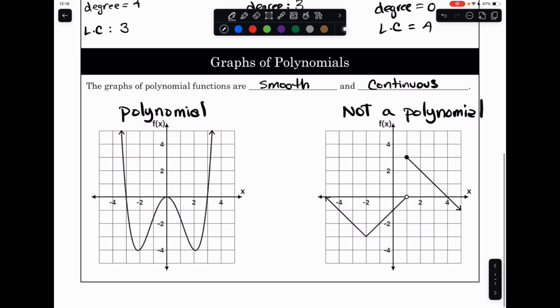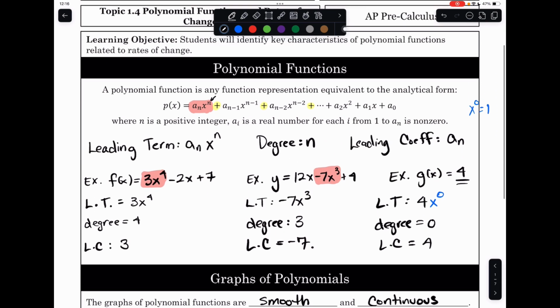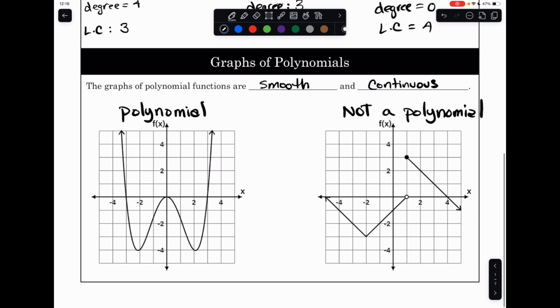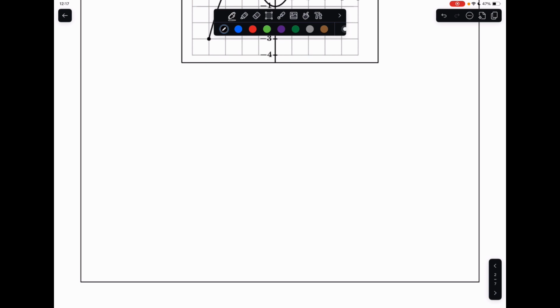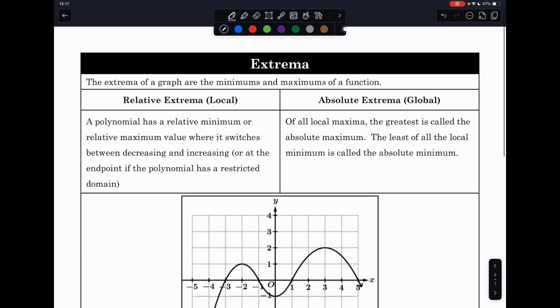Now let's look at today's main objective, which is looking at extremas, where the rate of change is going to equal 0. At those locations where the rate of change is equal to 0, those locations are referred to as extremas, as we reviewed in previous sections.